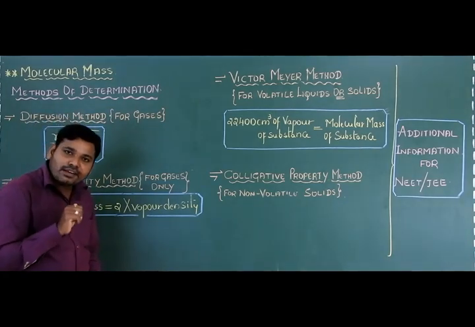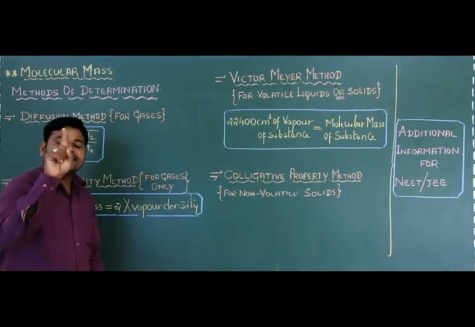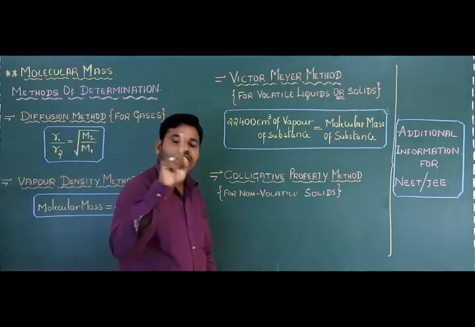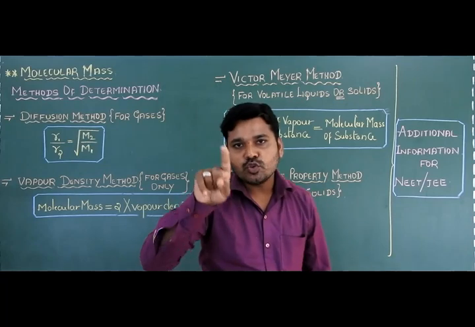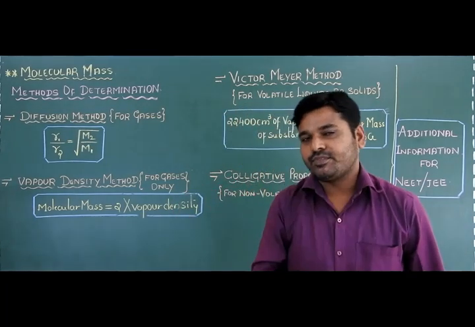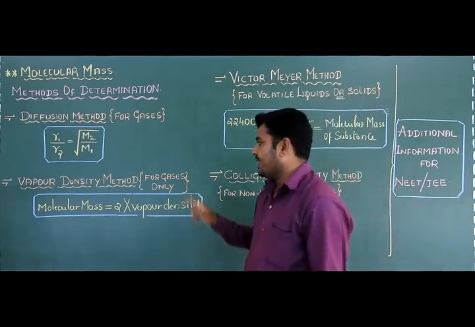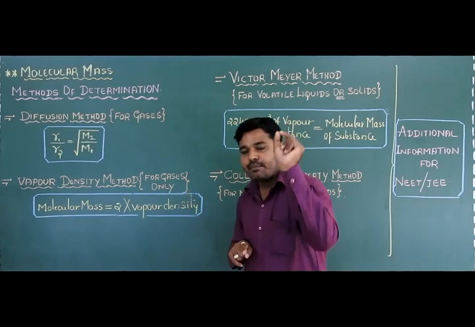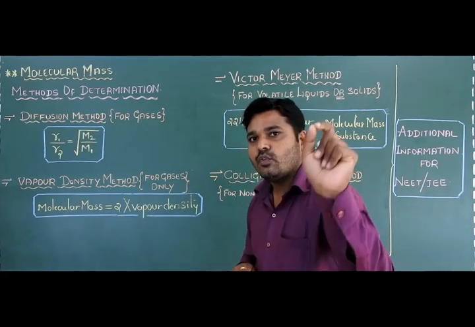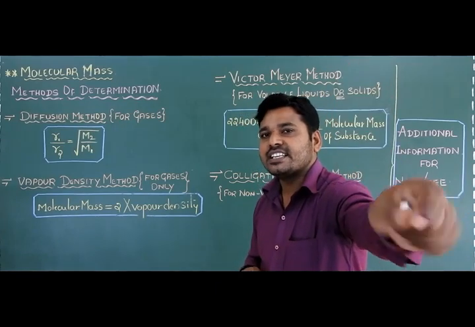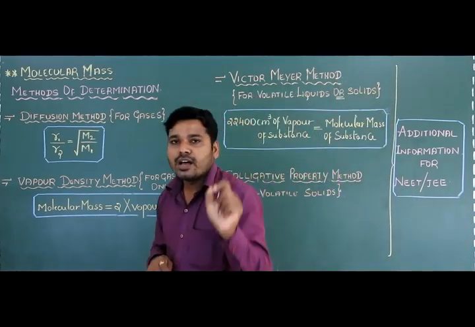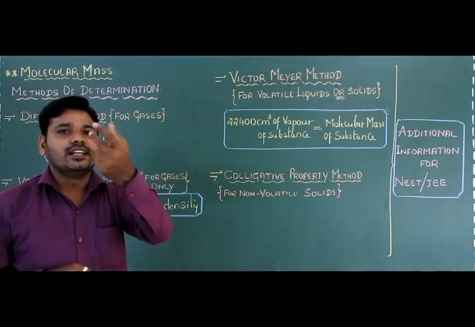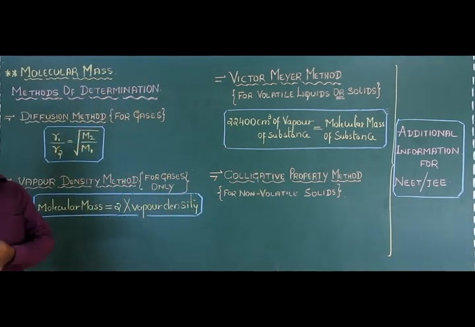What is meant by vapor density, students? The density of vapor in relation to that of hydrogen. And it is defined as the mass of a certain volume of a substance divided by the mass of the same volume of hydrogen. That is regarding the vapor density, students.